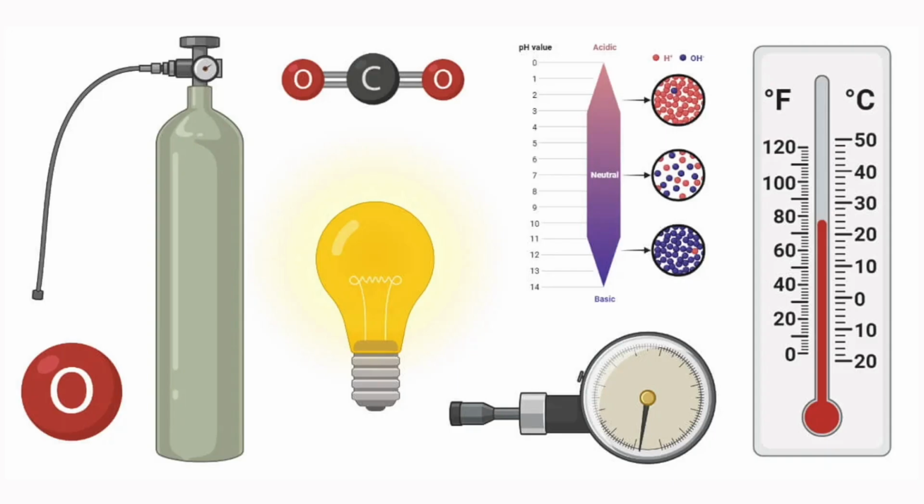Let us look into some key factors that affect bacterial growth. Here you can see the temperature, pressure, light, oxygen, pH and carbon. So, there are so many factors for bacterial growth.